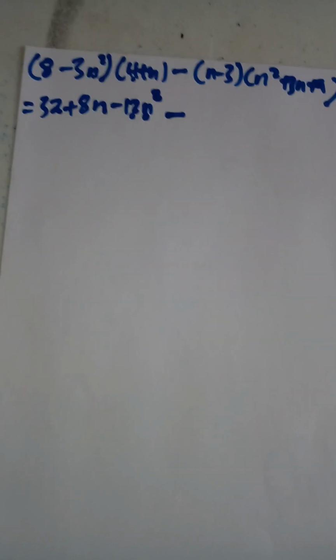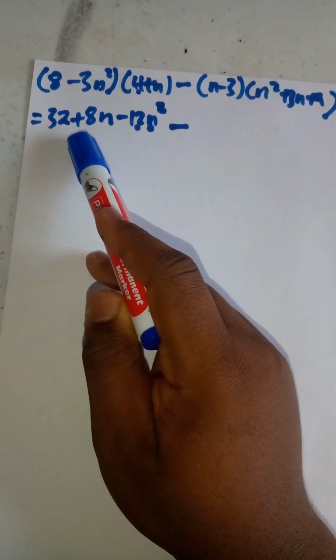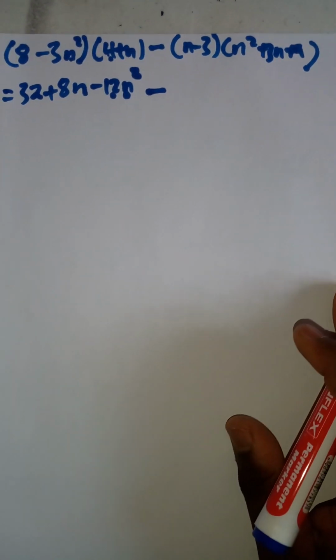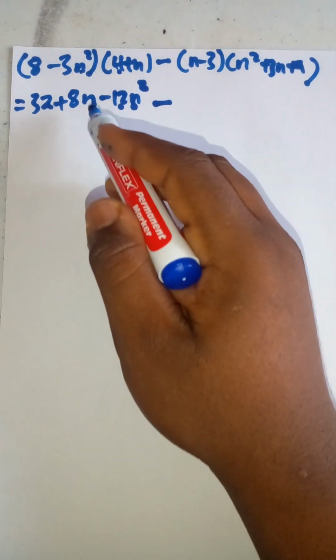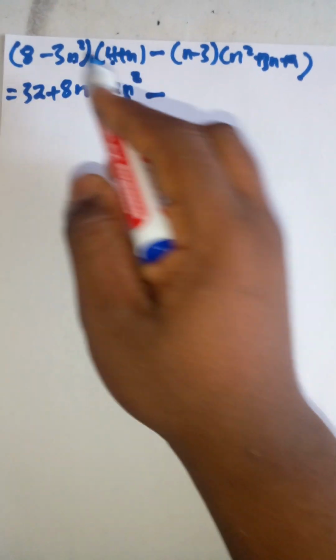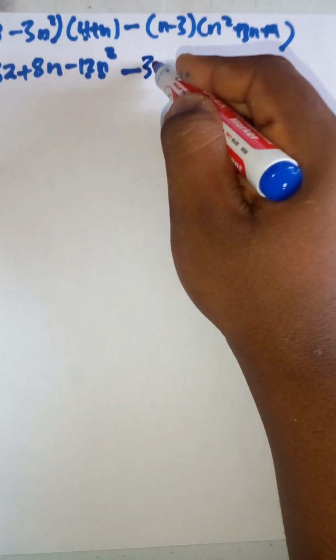Okay, let's start. We had 8 times 4, 32. 8 times n, 8n. And then 3n squared times 4, it is negative 12. Oh, I even omitted this one. Negative 3 times a positive is a negative. 3n squared times n, it is what? 3n cubed. Is it fine?